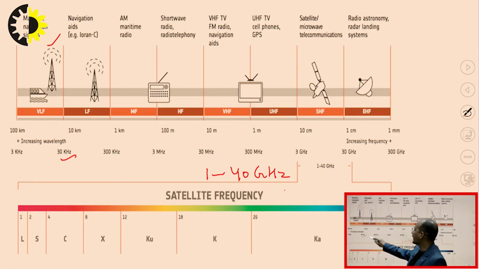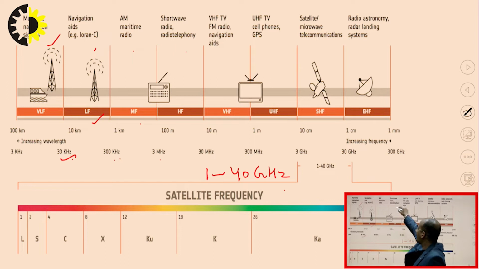When we are talking about 30 kilohertz to 300 kilohertz, it is low frequency, used for navigational aids, Loran, and for the landing of aircraft at airports. Then the frequency range of 300 kilohertz to 3 megahertz is medium frequency, used for maritime radio.